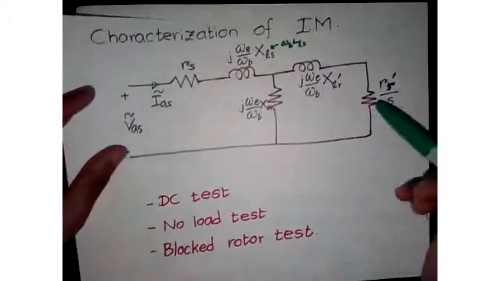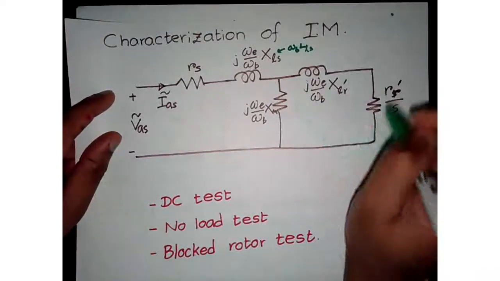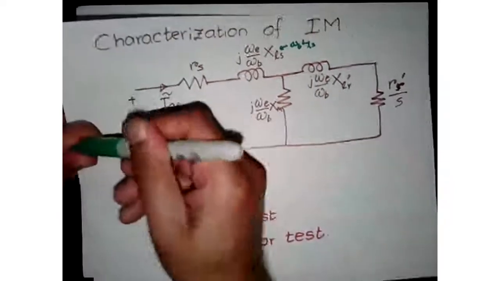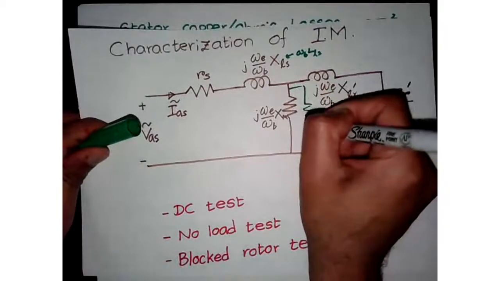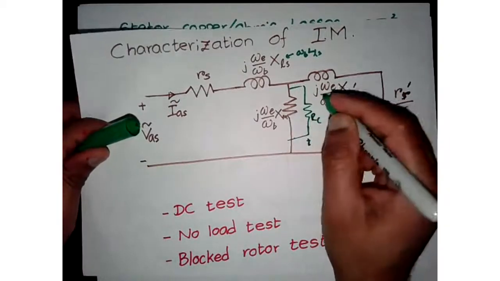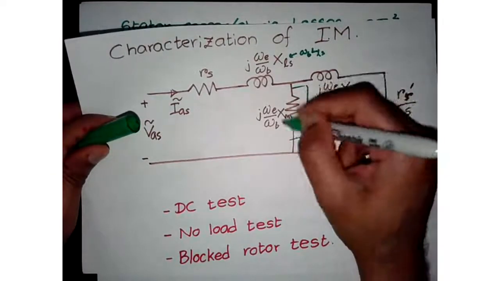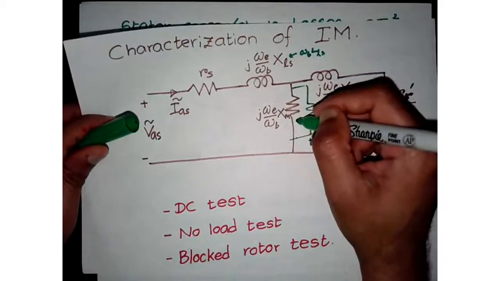So in the no load case, the current in this branch is 0, right? Because there's no load. And if so we have the parallel resistance here, but this resistance is very large compared to the inductance or the XM of this circuit.